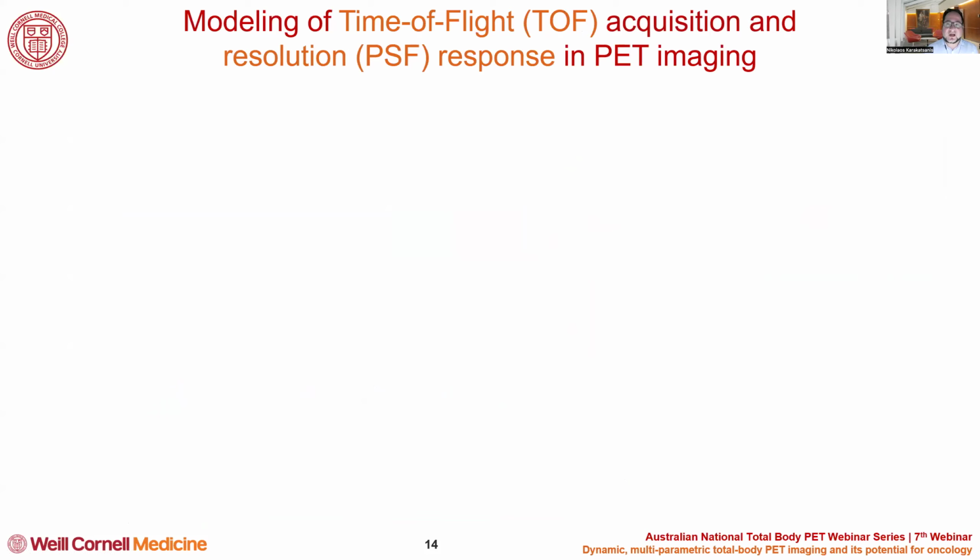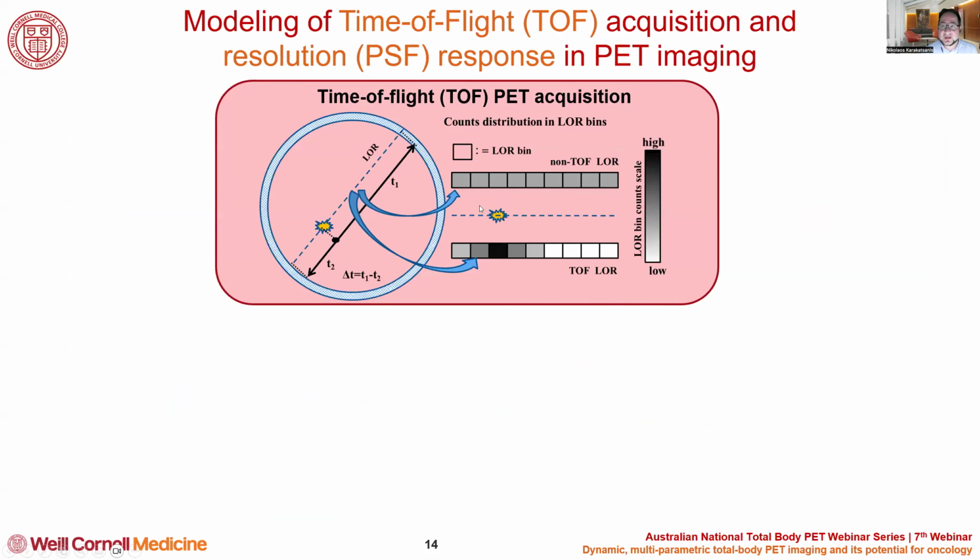The other thing I wanted to highlight is that another advent of technology, apart from total body, that helped us with compartmental kinetic modeling analysis and Patlak analysis was the advent of time-of-flight technology and point spread function resolution modeling technology. As you know, or some of you may know, when we perform PET imaging, we are actually estimating the position of interaction of 2 gamma photons that are annihilating.